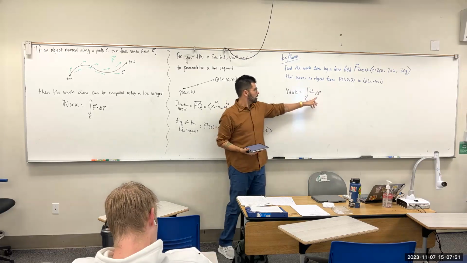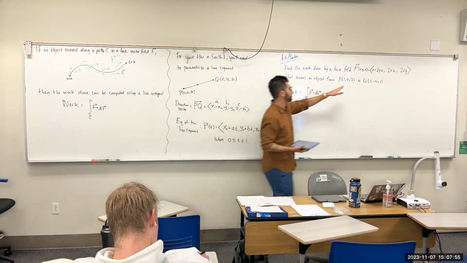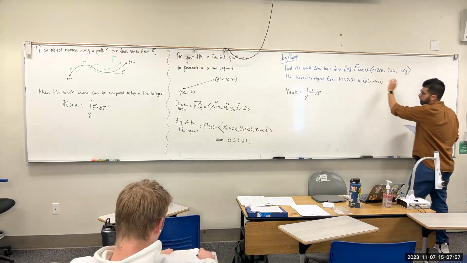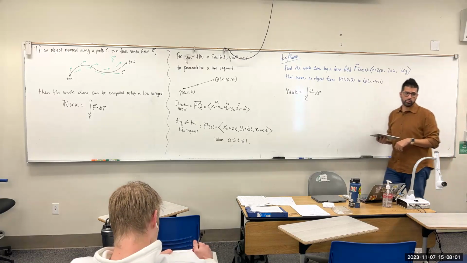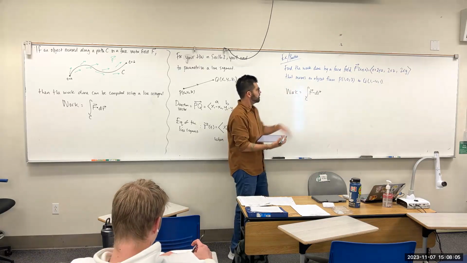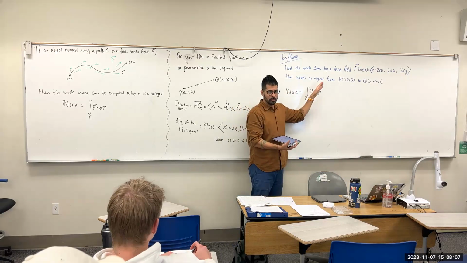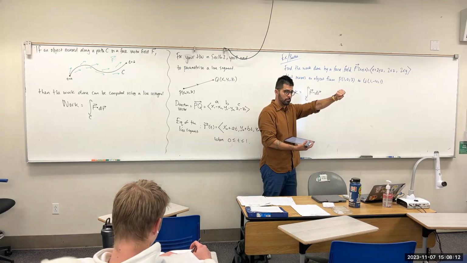But I need my r to start doing this, which I don't have. I have my vector field F, but I don't have r. That's where Dylan, your question comes in. That's why you have to parameterize that line segment. It doesn't even say line segment. You need to understand that it's a line segment that moves it from P to Q.